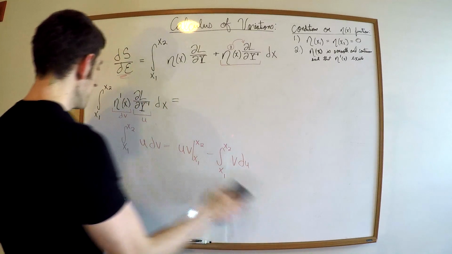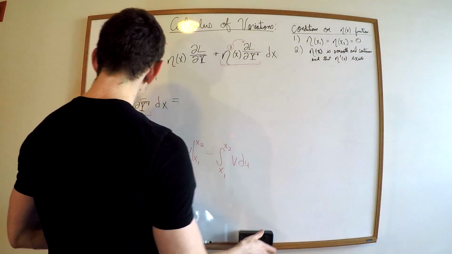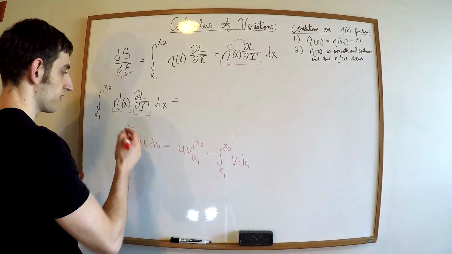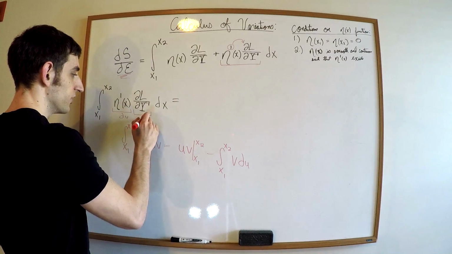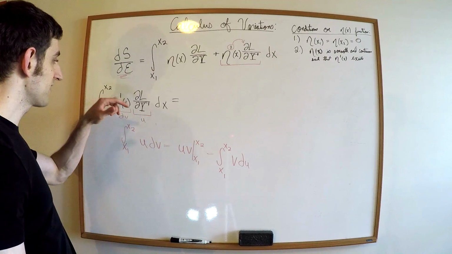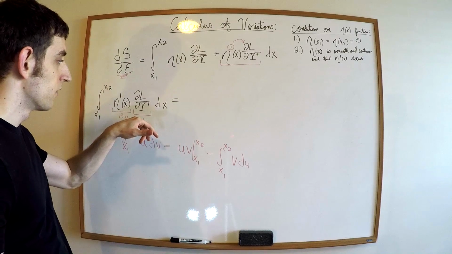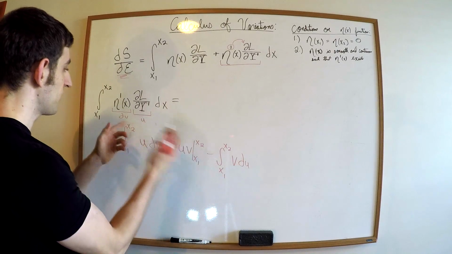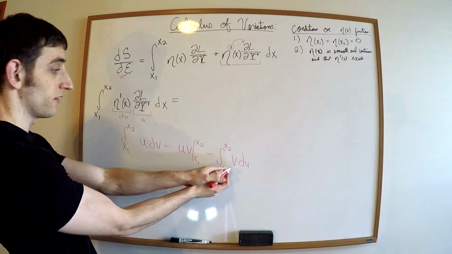How are we actually going to do this? Well, I guess I could leave that there. So we're saying this is dv and this is u because we want to take this derivative and transfer it over here. So if we look here, we're taking the dv, it becomes a v, so this will become eta here, right?